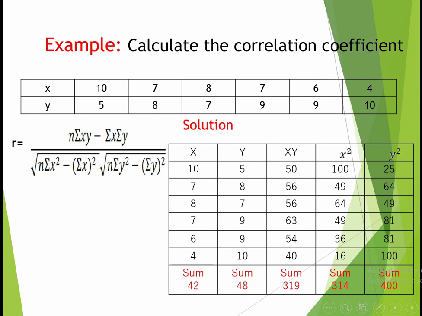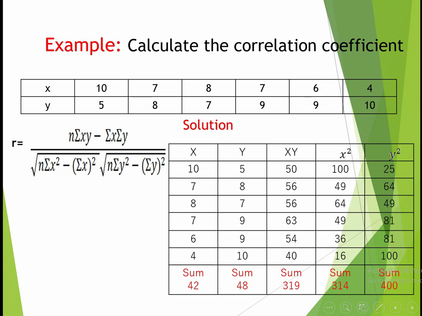And sum xy, which is 319, sum x 42, sum y 48. Between them it's a multiplying operation. Down, root of n multiplied by sum x squared, where n is the number of variables. Sum x squared, where is sum x squared? Yes, 340. Minus sum x all squared.